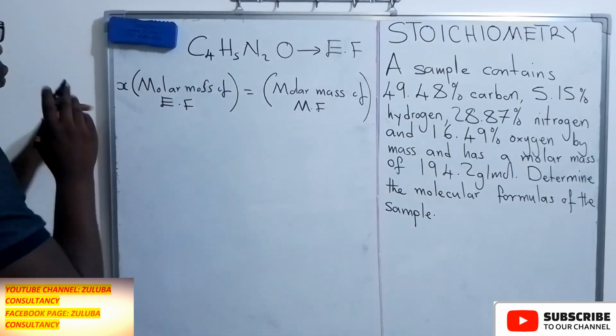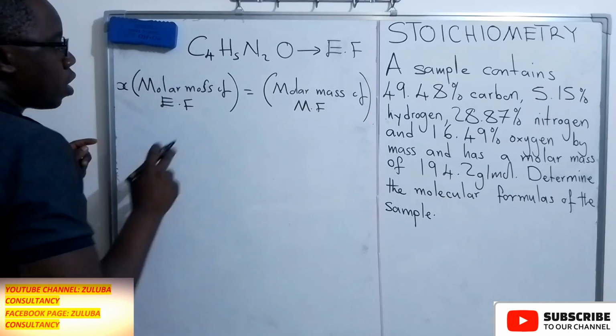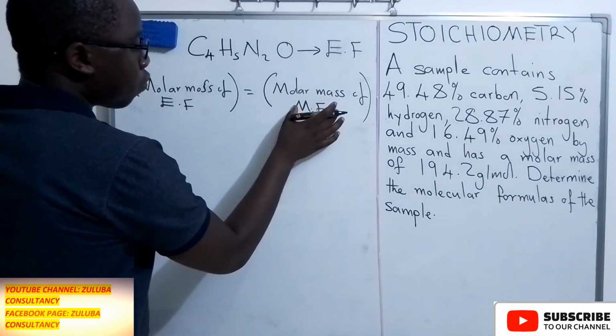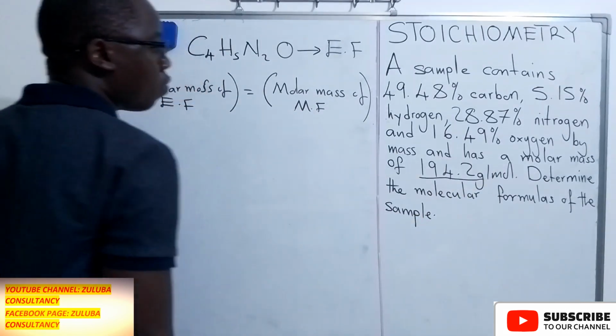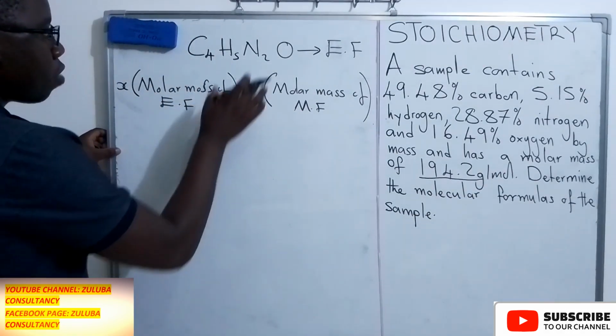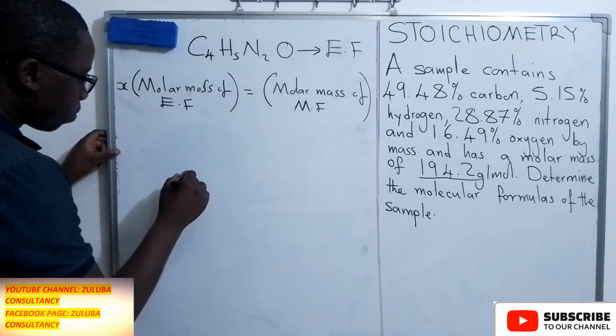So we need to have the molar mass of the empirical formula. The molar mass of the molecular formula we already have; it has been given here. Now the empirical formula that we have is here, so let's calculate it.